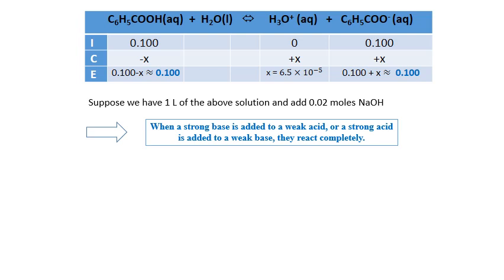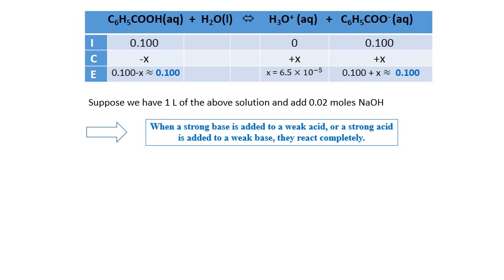If I take this solution of benzoic acid and sodium benzoate and toss some NaOH in there, that NaOH, every single OH minus, is going to find a benzoic acid molecule and rip the H off of it to produce benzoate. It's going to react completely, okay? And so that's an important thing. We can prove that statement, but it sort of breaks the flow. Let's just accept it for now, and maybe as a separate small video we can prove the fact numerically that this is the case. But it's going to react completely.